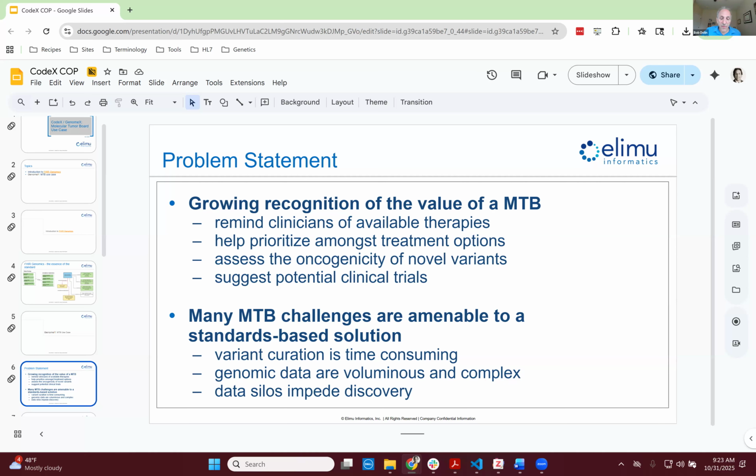We know that genomic data are voluminous and complex, and I'm going to talk about this a little bit more because we're now finding that while I may send you the curated lab report, and we've worked with some of these labs who are developing these curated lab reports, and these are some brilliant scientists who are doing this work. But despite that, what we're seeing and what the literature is supporting is that in as many as 20% of cases, the curated lab report doesn't have quite everything that the clinical team would like in order to derive their therapeutic implications.